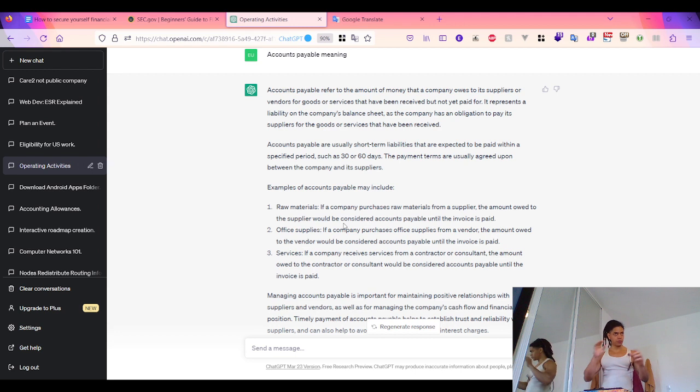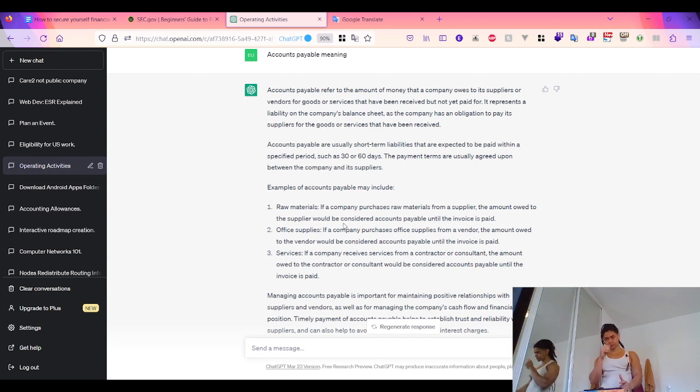Okay. So, to recap, accounts payable is the amount of money that you owe to your suppliers for goods and services that you have received, or for goods and services that have been received. Okay? Usually accounts payable are short-term liabilities, such as 30 to 60 days.